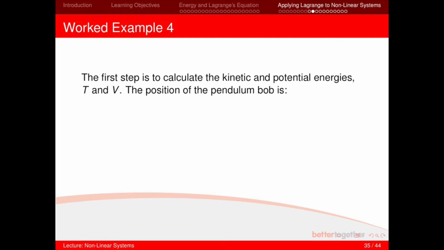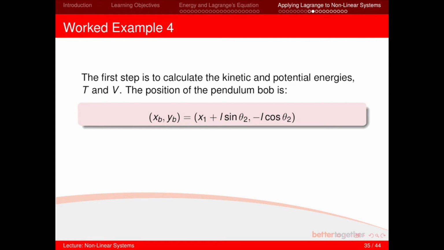The first step is to calculate the kinetic and potential energies, T and V. There's no damper in the system, so we don't need to worry about R. Take the coordinates of the bob in terms of x and y. In terms of x, I've got the distance x1 that the trolley has moved, plus L sine of theta 2, which is my angle.